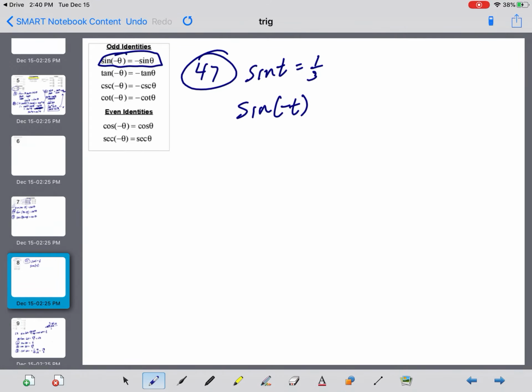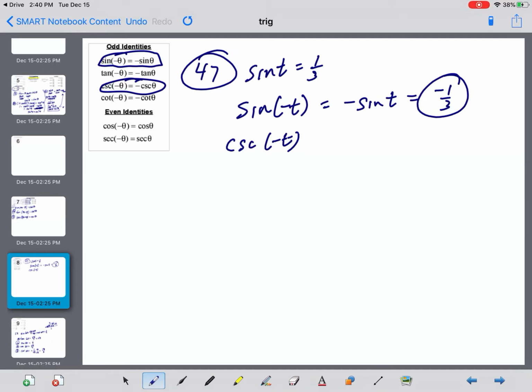Well, according to this set of tables, sine of negative t is the negative of sine of regular theta. So it's just going to be negative sine t, which is going to be negative 1/3. And then it asks for cosecant of negative t. Well, that's the same thing. It's going to be negative of the cosecant.